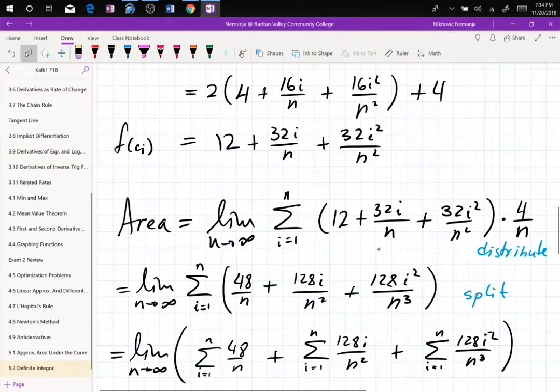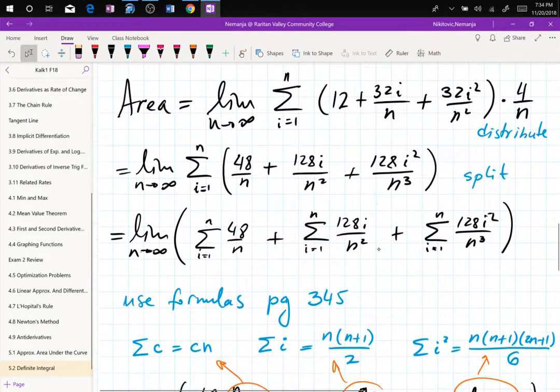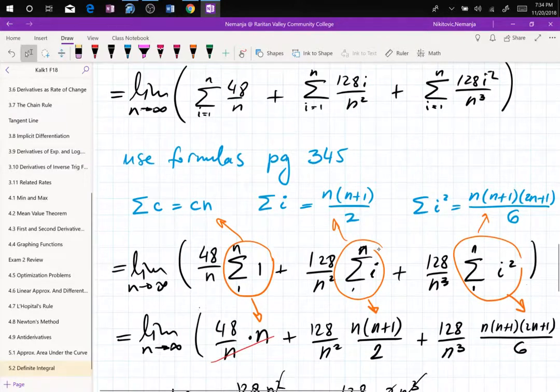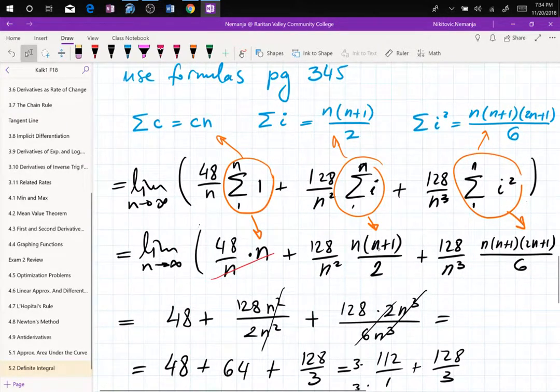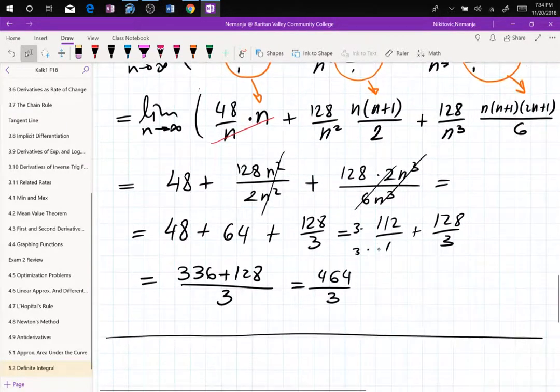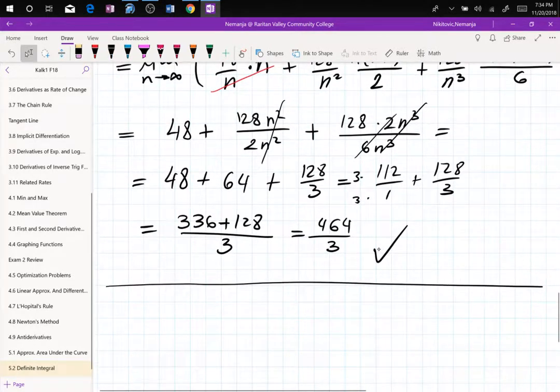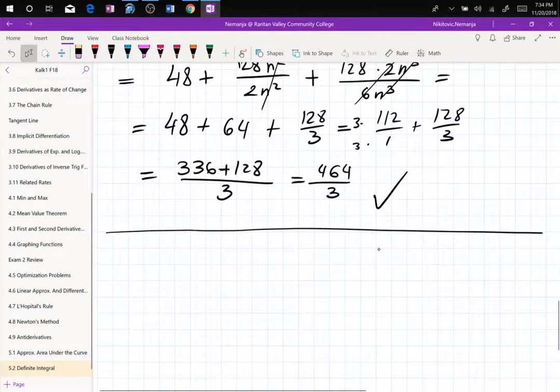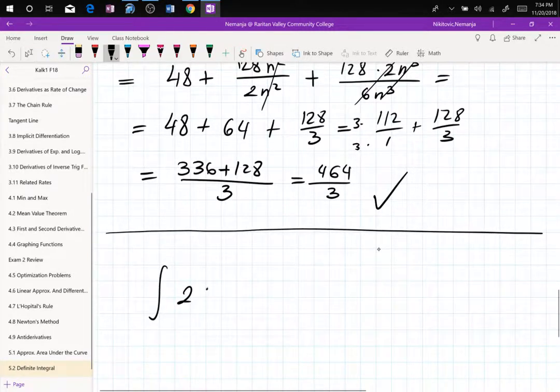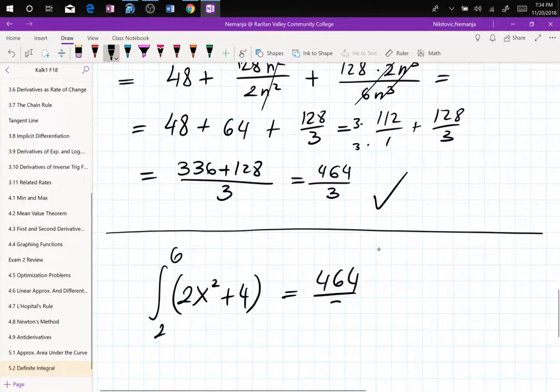It's just a grind. Distribute, split, use the formulas to convert each one of the sums into these expressions, run through some arithmetic, and you have your answer at the end. Looking good. So that's the way to do it. Apparently, if you integrate 2x squared plus 4 from 2 to 6, the answer is 464 over 3.